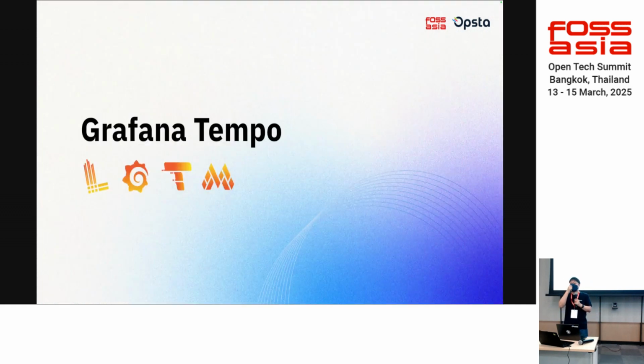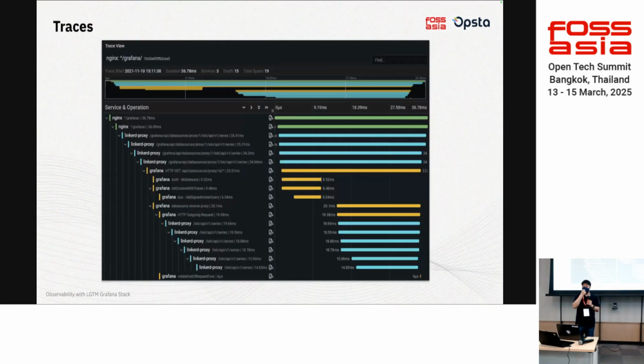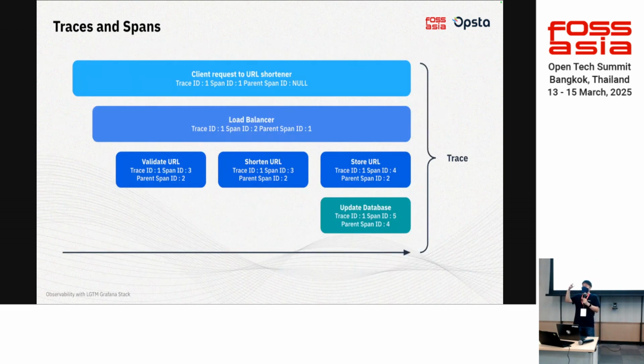And the last thing is about tracing. As you can see, this is one request, and you can see each action inside. We call this a trace. If we go a little deeper, one trace is combined from a lot of spans.